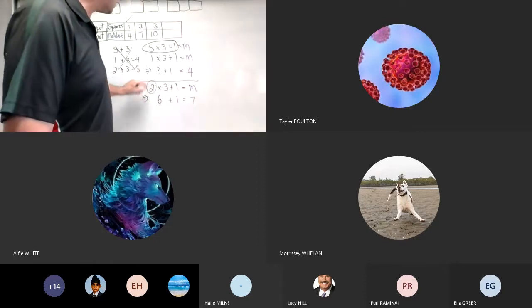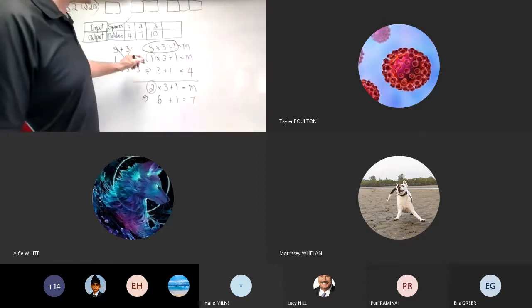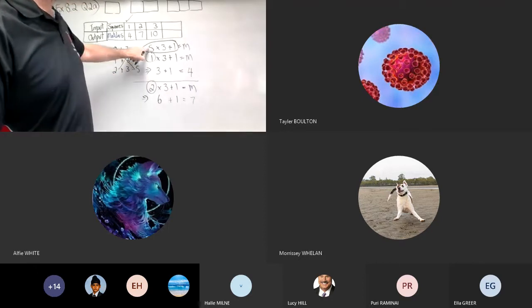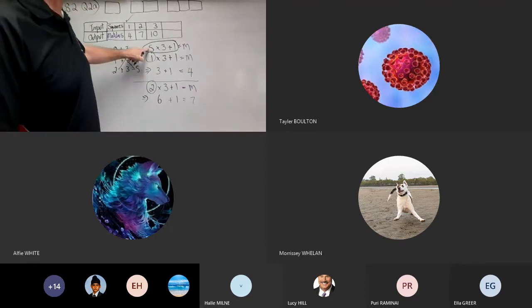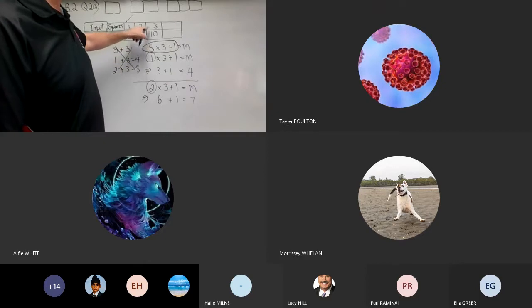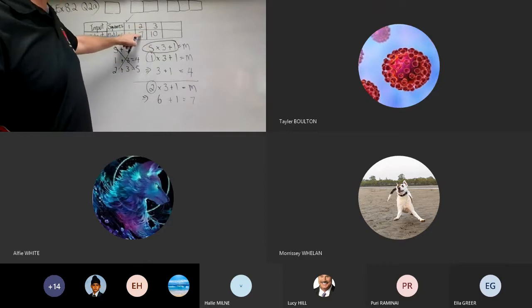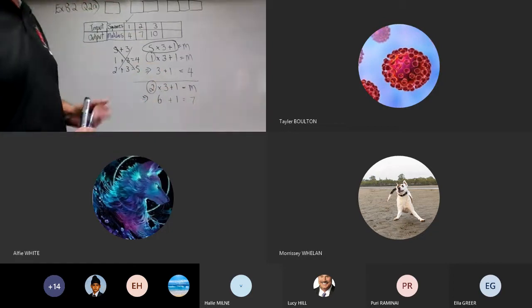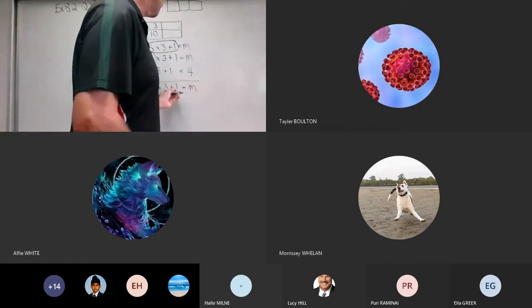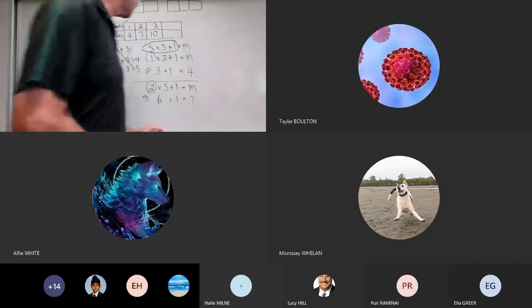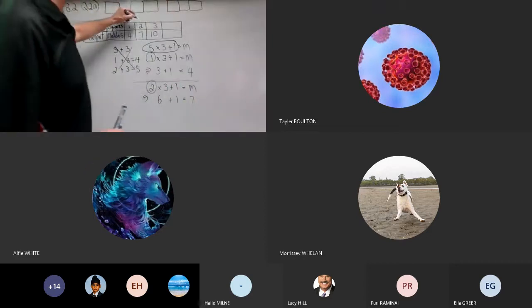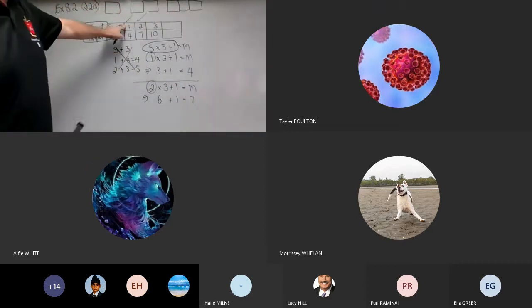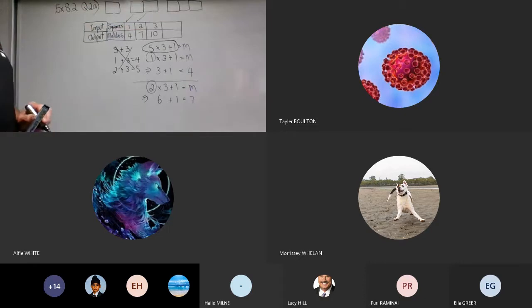So when we substitute the 2 where the pronumeral is for our rule, we expect the answer to be 7, and it is. And I'll write that in purple. So we know that the rule is true for 1 square and 2 squares.